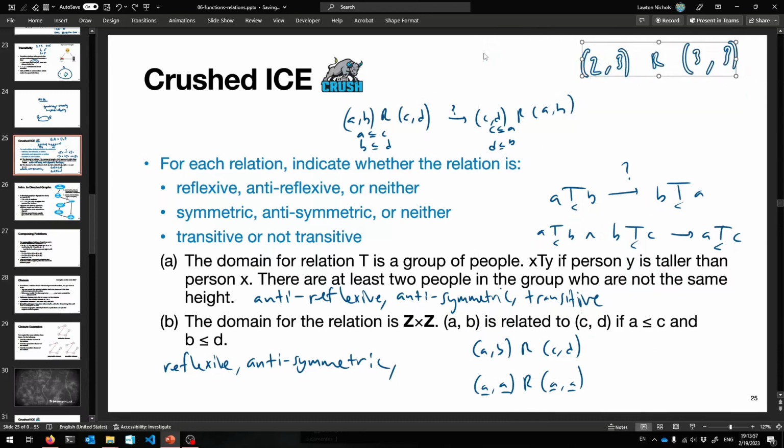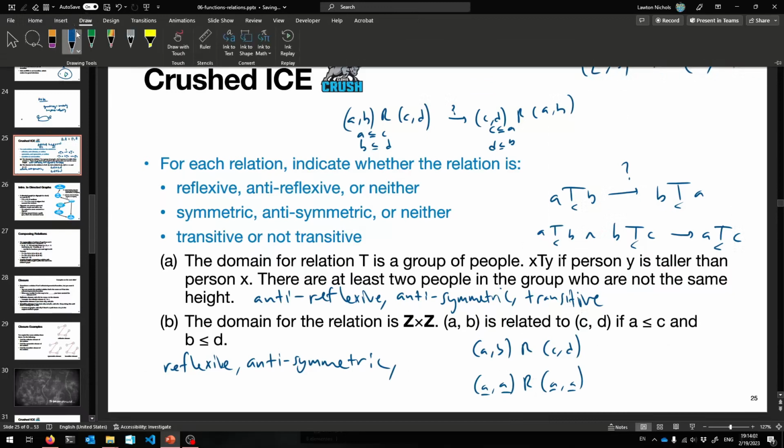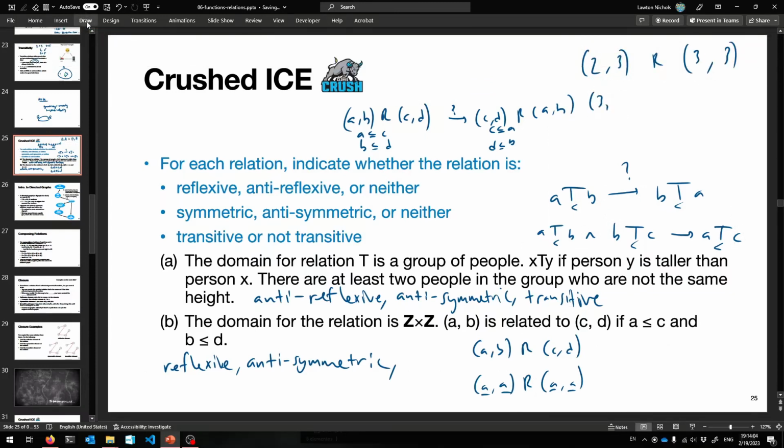If I know that 2, 3 is related to 3, 3, and then I also know that 3, 3 is related to some other thing, say 4, 5, because 3 is less than or equal to 4, and 3 is less than or equal to 5, do I then have this one related to this one? I can just skip over the 3, 3. Do I have R going from here to here? Do I have that?